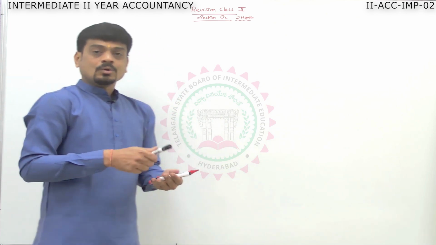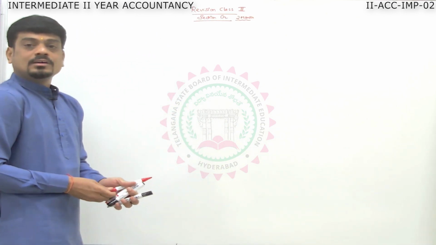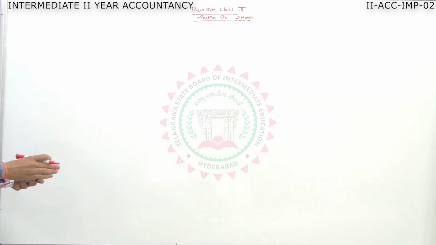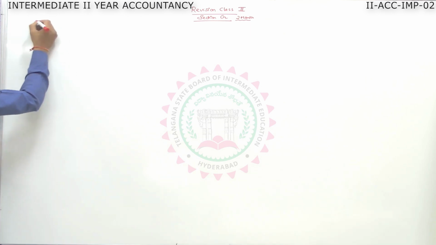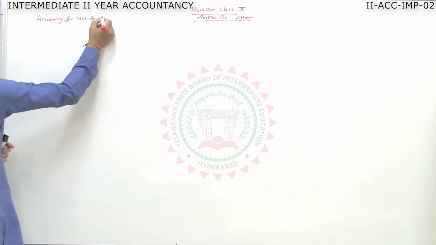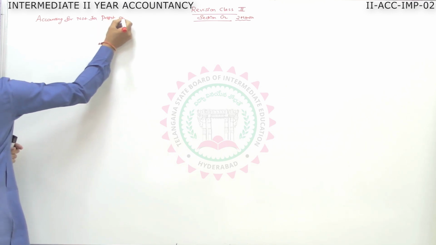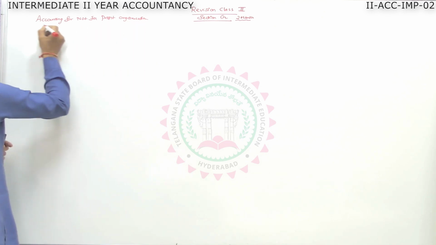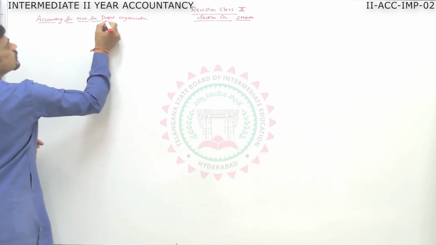So now to start with, I'm going to start with the accounting for non-trading concern. So I'm taking up the questions from accounting for not for profit organization. That is nothing but non-trading concern.